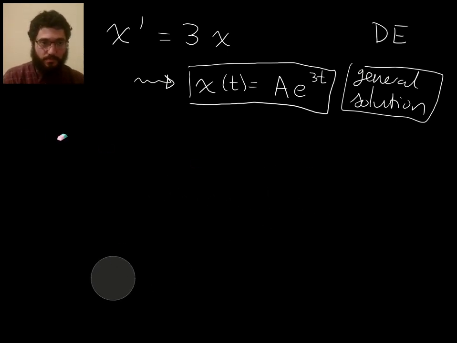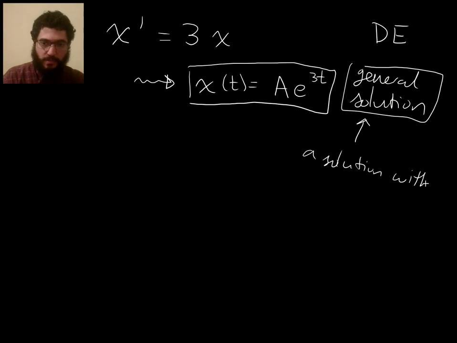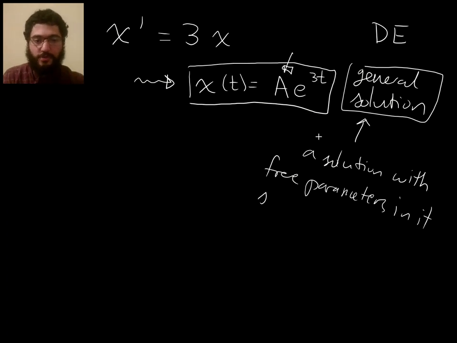So what we have here is the general solution, which means a solution with free parameters in it. Here I'm referring to the a as a free parameter.